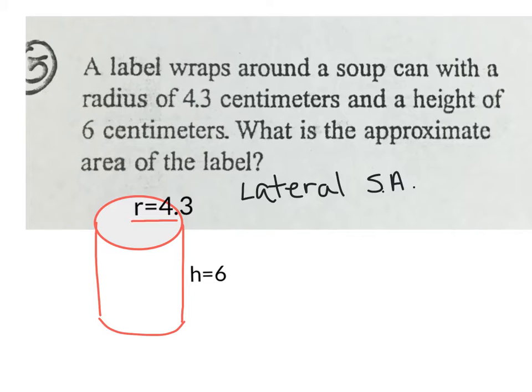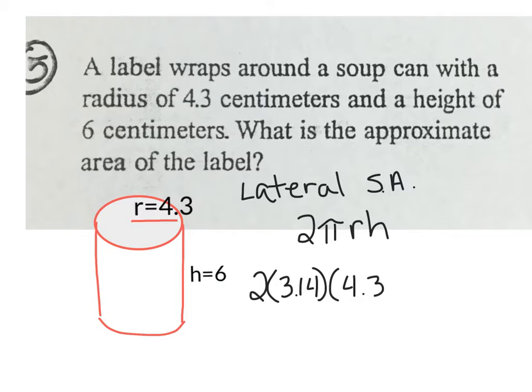And for a cylinder, lateral surface area is just the first part of the formula, not the whole thing, just the first part, which is 2 times pi times the radius times the height. Okay, so 2 times 3.14 times the radius, which is 4.3, times the height, which is 6.